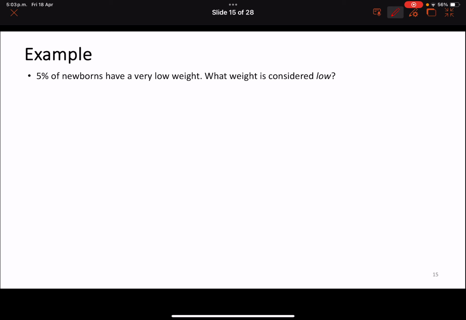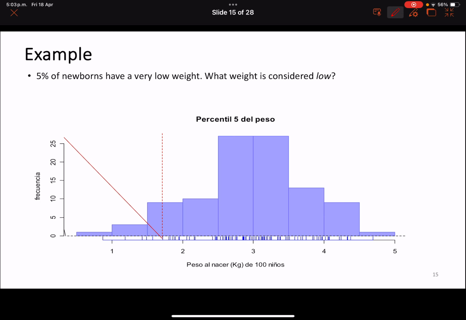For example, it says 5% of newborns have very low weight. What weight is considered low? Here, my graph is showing me the percentile 5. So if it's showing me percentile 5, that means that this one is my below, and all of the other babies, 95% of the babies, weigh more than that.